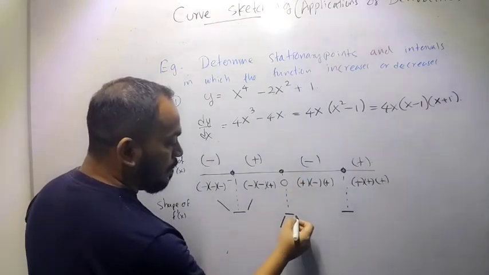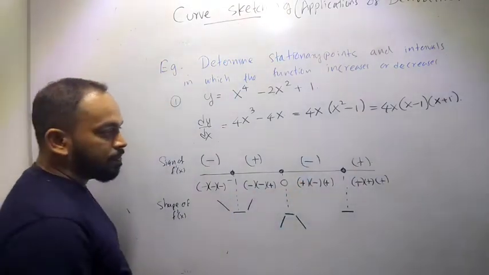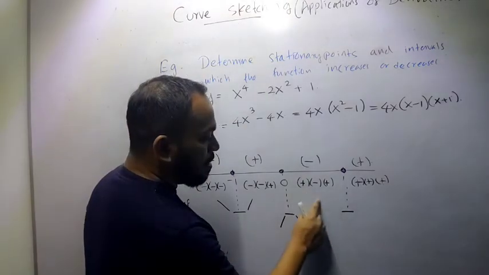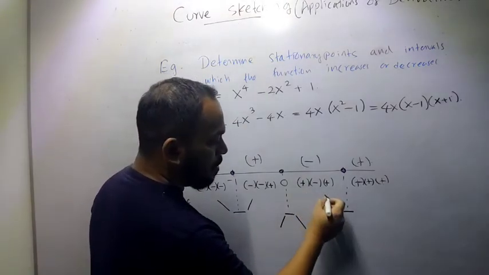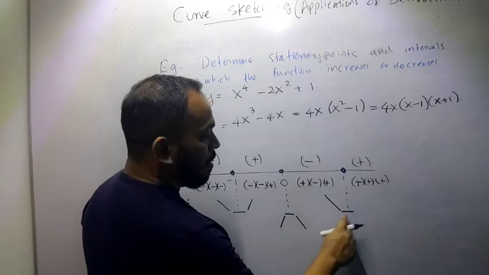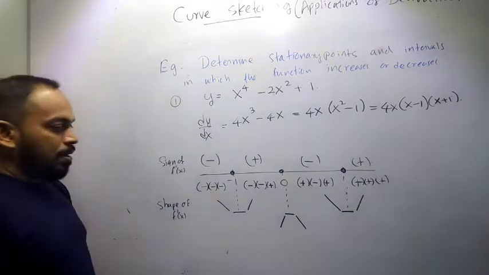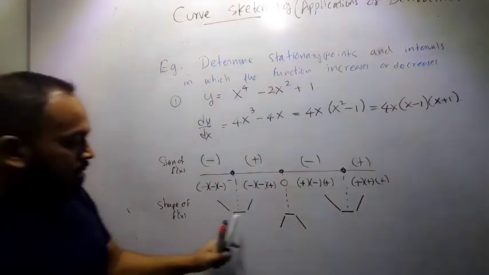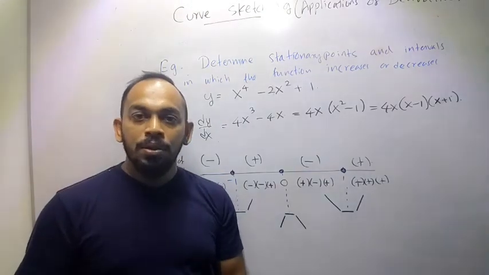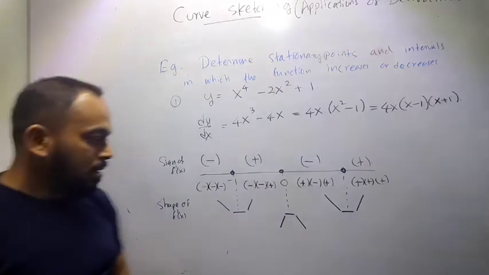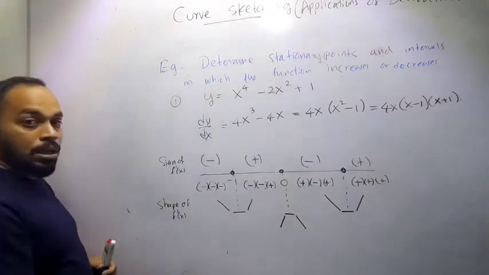Then this is negative, draw it like this. In this, we are still in this region, it is negative, so draw it like this, 0, then positive. So based on these directed line segments, you know what the shape of the function looks like.